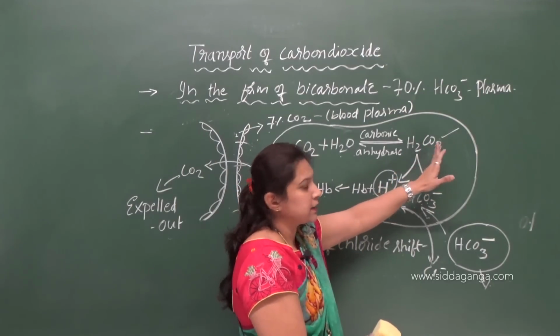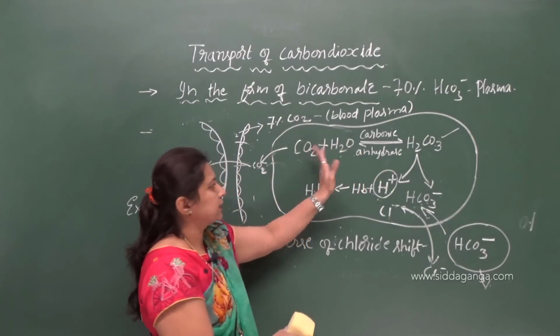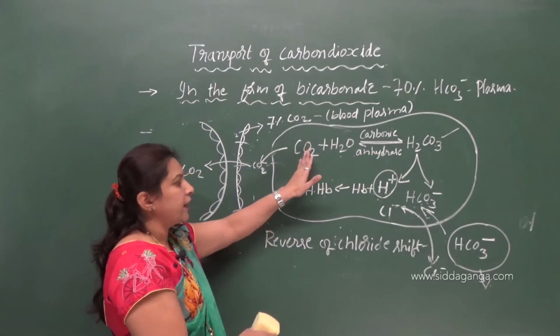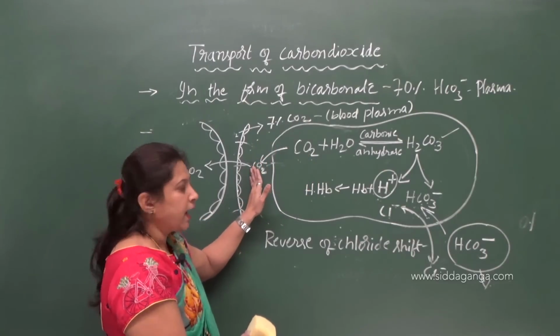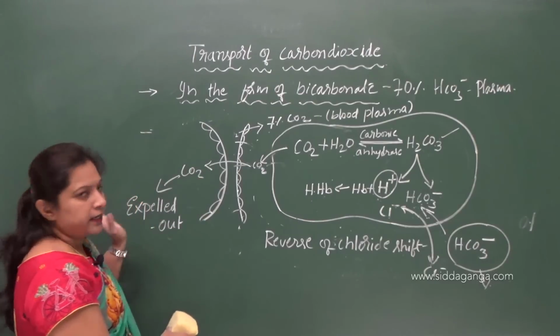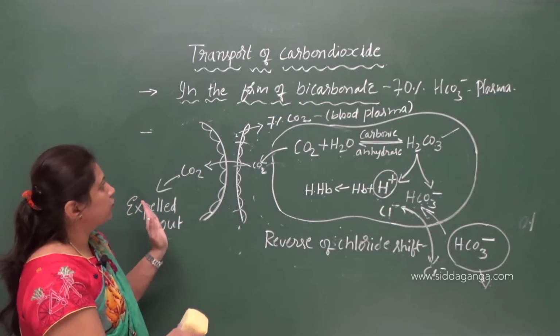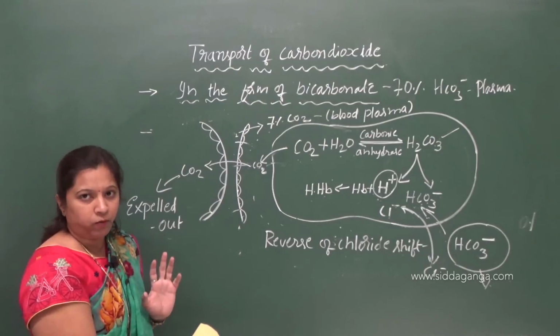As the carbonic acid is unstable, it quickly dissociates to form carbon dioxide and water. The carbon dioxide formed diffuses into the blood plasma, and from the blood plasma to the alveoli, from where it is expelled out. So this is the transport of carbon dioxide in the form of bicarbonate.